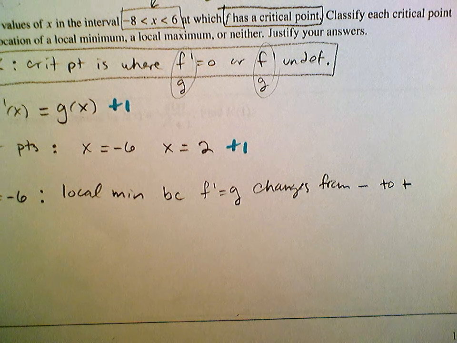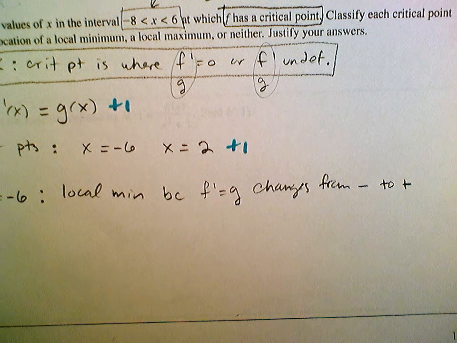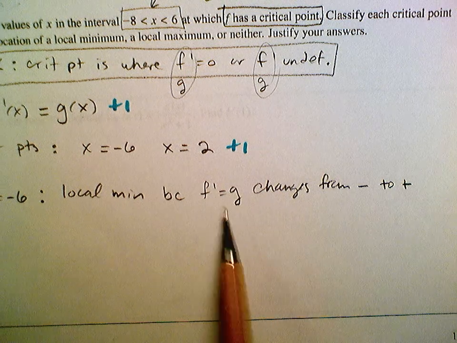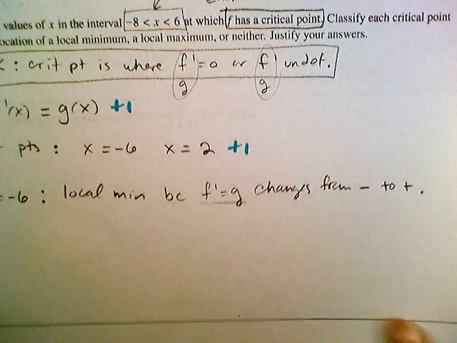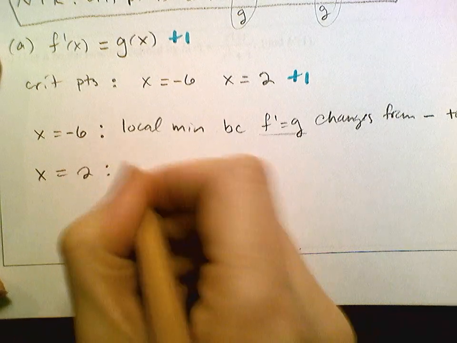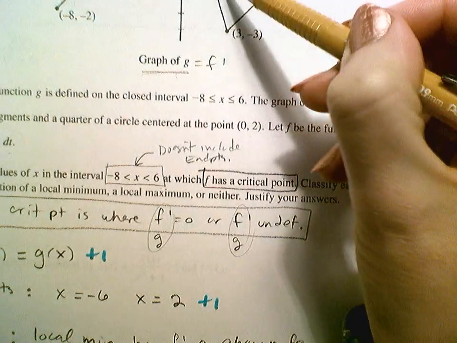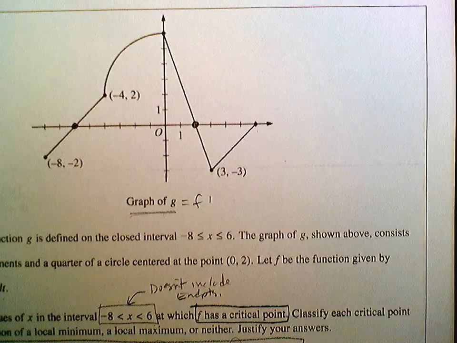I learned at an AP workshop I went to 2 summers ago that if you refer to things as "it" or "they," they won't even read any further. You've got to be clear about what is changing from negative to positive. And then x equals 2 is a local max because at this point g, which is f prime, is changing from positive to negative.